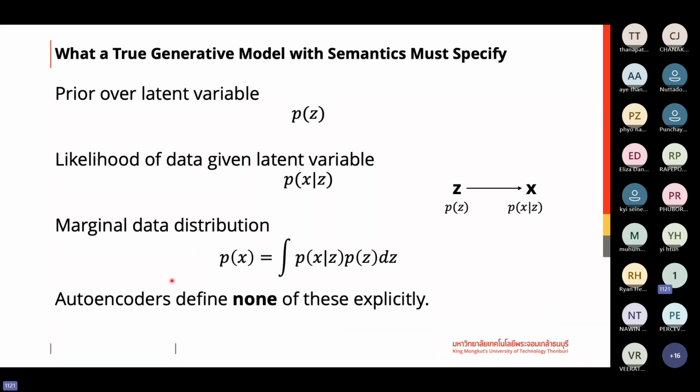Okay, so what does that mean? This is somewhat the core of this course. To have a generative model, it must have semantics. You need to have a prior of the latent variable, and then you can convert the prior of the latent variable into p(x|z). From z, you can convert to x.